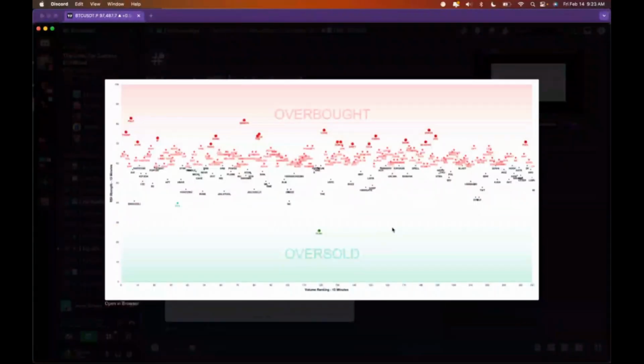Doesn't mean it'll happen right away, but you're not looking to long when it looks like this. You're looking to short. When it screams red, you're looking for shorts. When everything's down in the green, you're looking for longs. Very intuitive: green, long; red, sell.